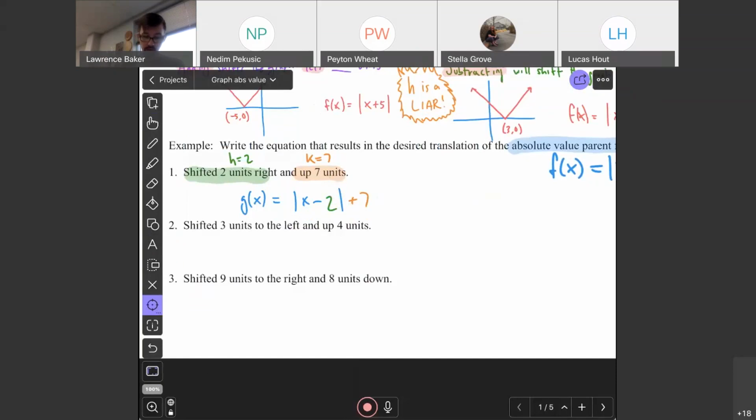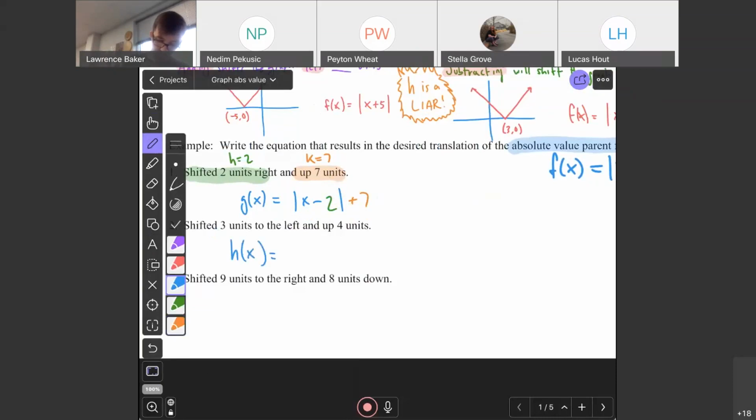So how do we shift the graph 3 units to the left and up 4 units? If you're going to put it in the chat, there's a vertical bar on the key above your enter button. Just hit shift, I think it's the backslash. I'm just going to call this one h. Again, you can call it f or g, it doesn't really matter.